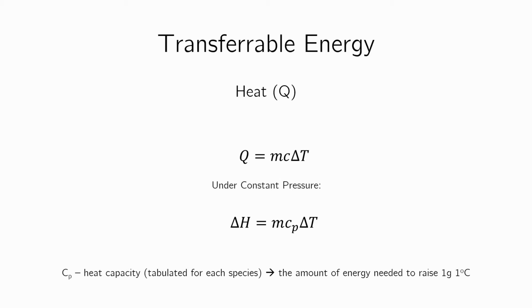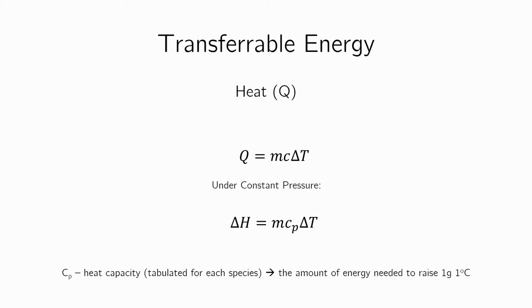So water, for example, is 4.18 joules per kilogram per degree Kelvin, which means what? That in order for me to raise the temperature of 1 gram of water 1 degree, I need to put in 4.18 joules. That's all that means.